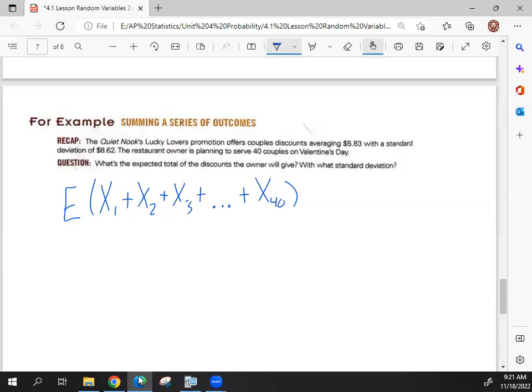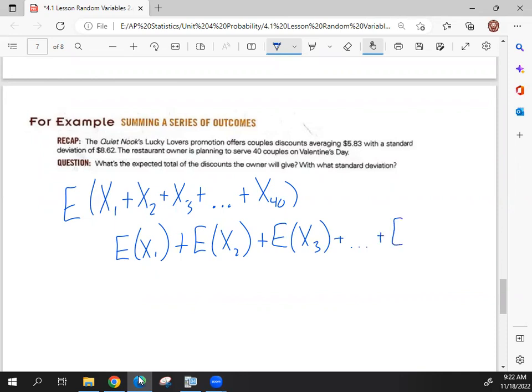And so we can calculate this expected value for 40 couples the same way we would calculate it for two couples. We would just add our expected values for each couple all the way up until the 40th couple.